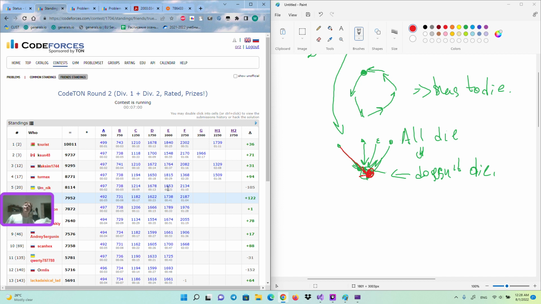Total failure. I can't solve this crappy H1 again. So all we have to do is to create a subset of vertices that will die. That's all we have to do. No, it is not all we have to do. No, this is.